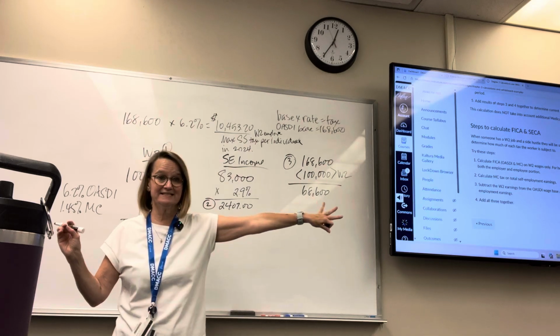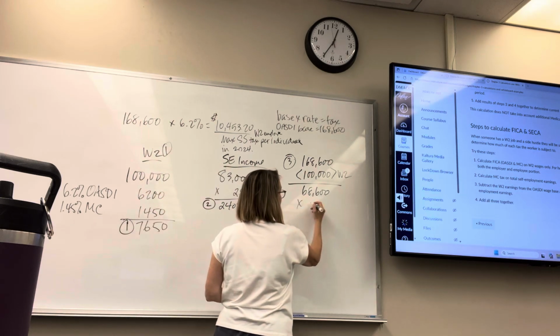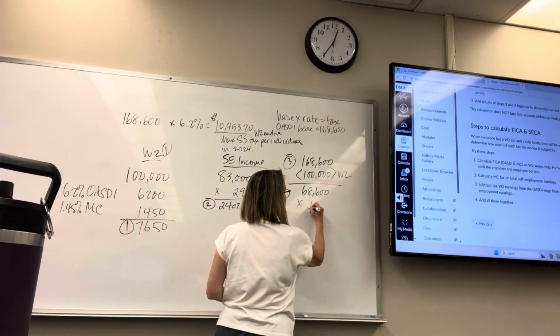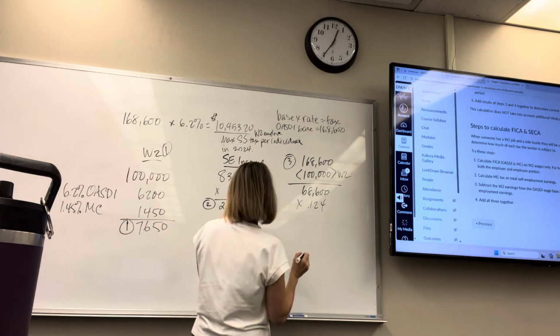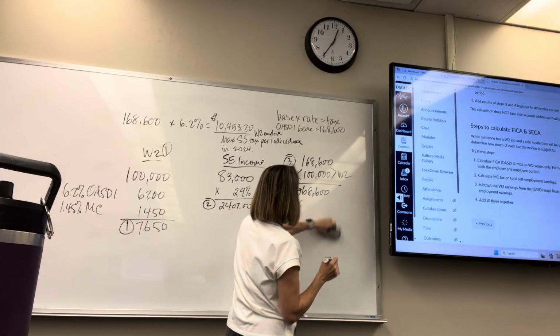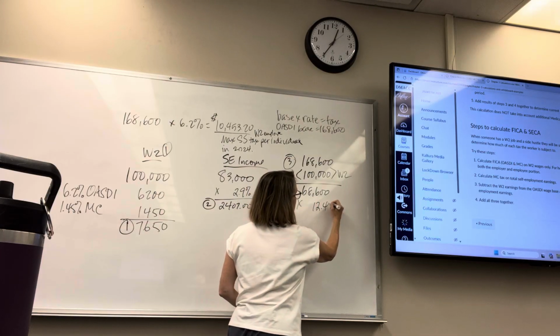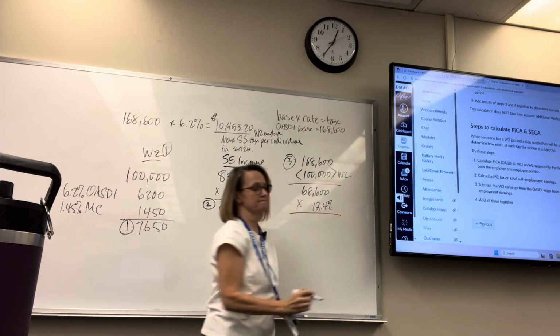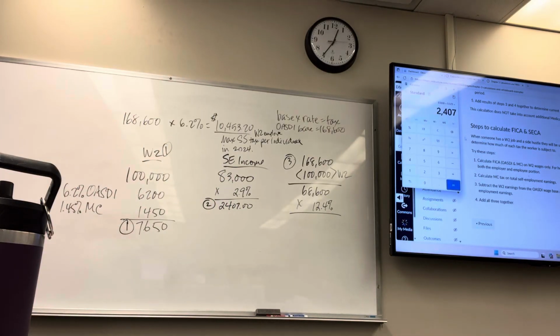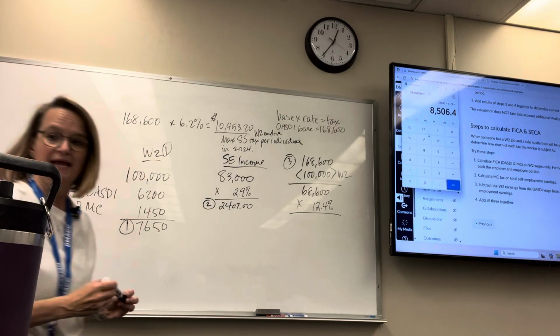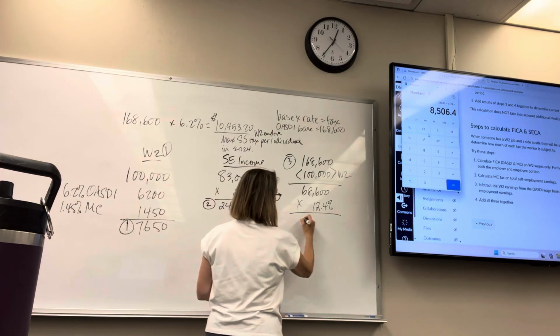That's why I say SECA tax here. So this has to be times 12.4%. Let me put it in percentages, sorry. So 68,600 times 0.124, 8,506.40.